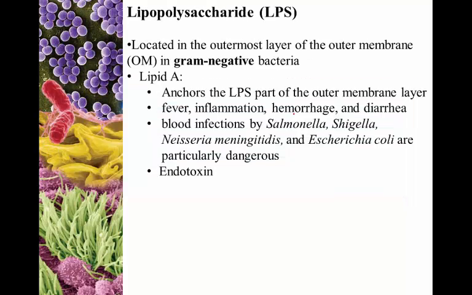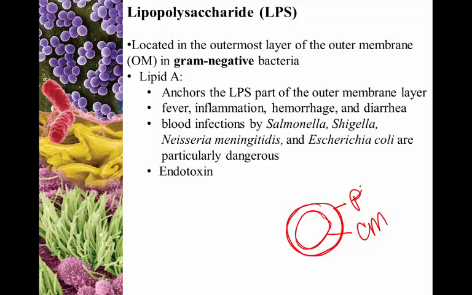So a little bit more of that lipopolysaccharide layer. Again, outermost layer of the outer membrane of gram-negative bacteria. So if you remember the gram-negatives, we had cell membrane, peptidoglycan layer, it was very thin, 20%.